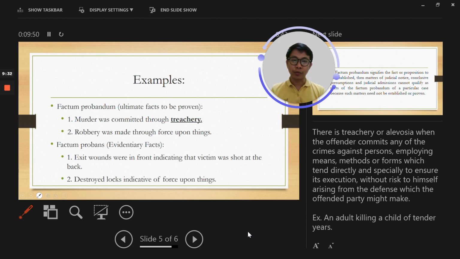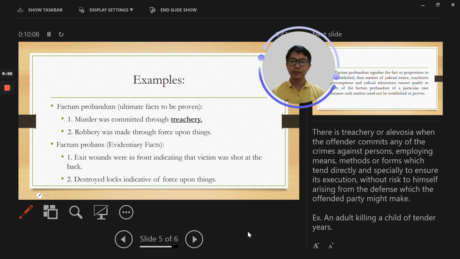So that is treachery. Or kumbaga, when we say treacherous yung pagkakapatay sa kanya, we mean that walang opportunity yung victim to defend himself.